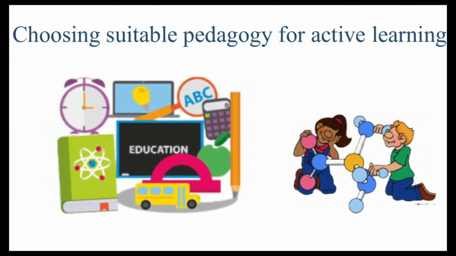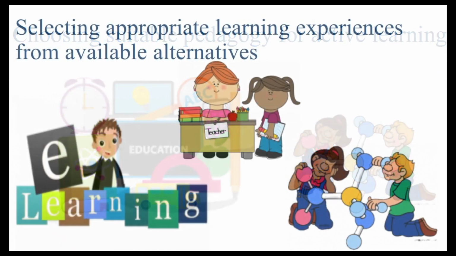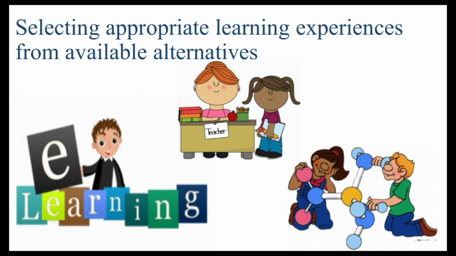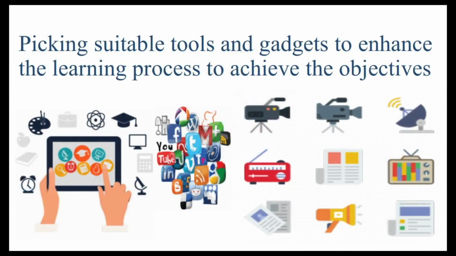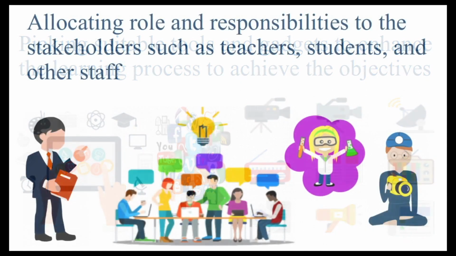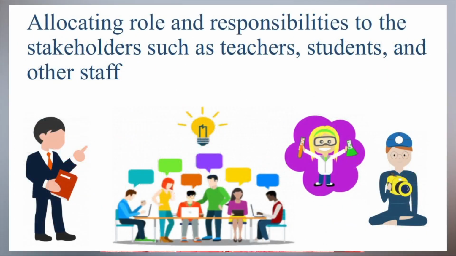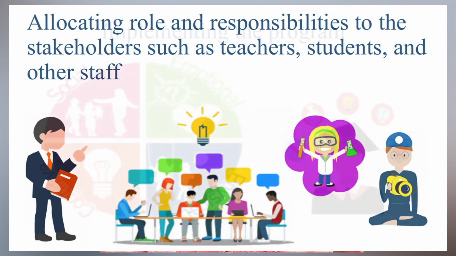Number 4, selecting appropriate methods suitable for effective learning to take place. Number 5, selecting appropriate learning experiences from available alternatives. Number 6, selecting appropriate materials and tools required. Number 7, assigning appropriate personal roles for teachers, students and supporting staff.